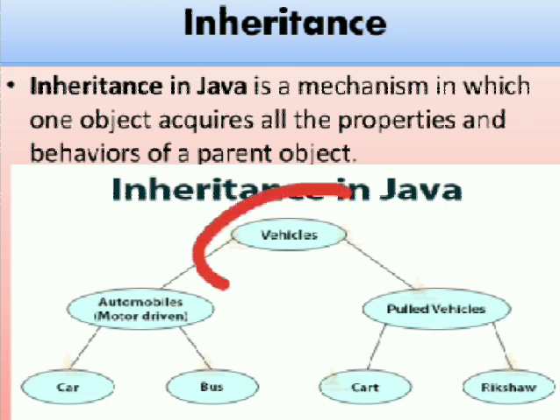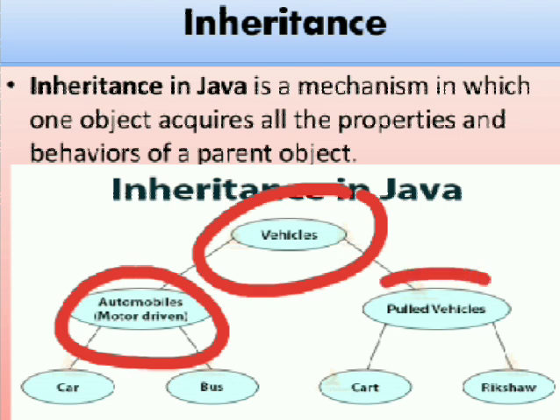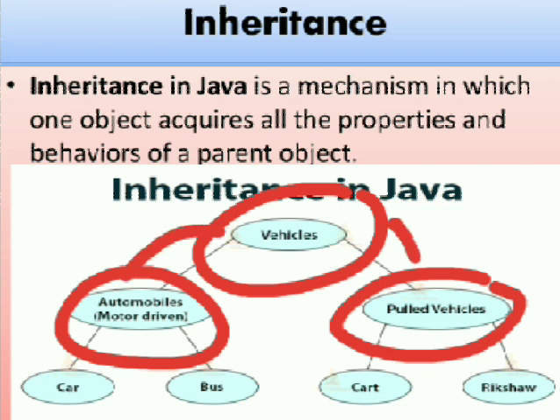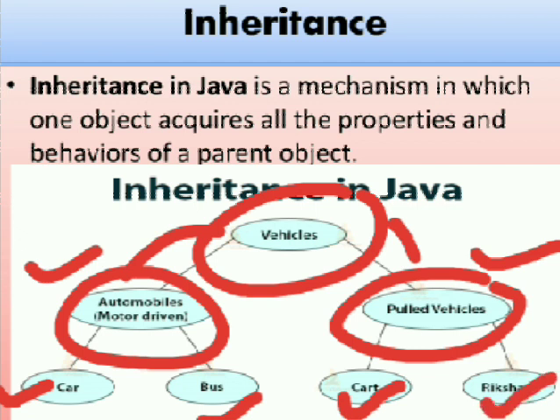So here consider this is the parent class. And automobiles and pulled vehicles are the subclasses of the vehicles. See the arrow? ये हमारा arrow है. These are the subclasses. Similarly, this is the parent class of car and bus, and this is the parent class of rickshaw and cart.